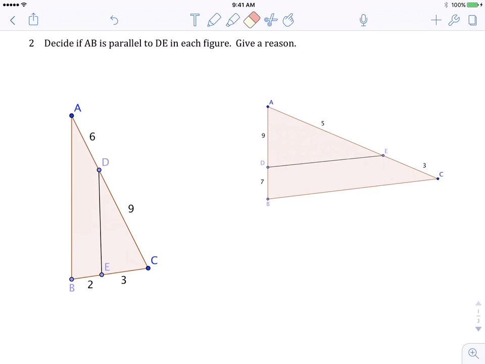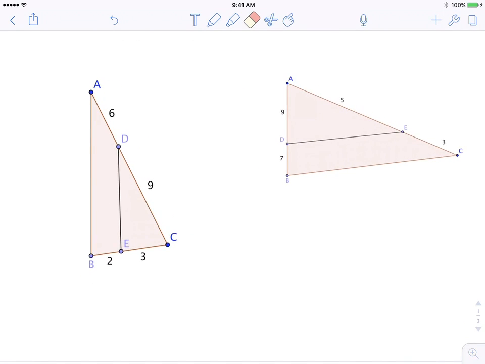Now we're looking at the same type of figure, but rotated. If you note, this is 6, this is 9, so we can't confirm that they are equal in length, and we can't confirm this is equal to this because one is 2 and one is 3.